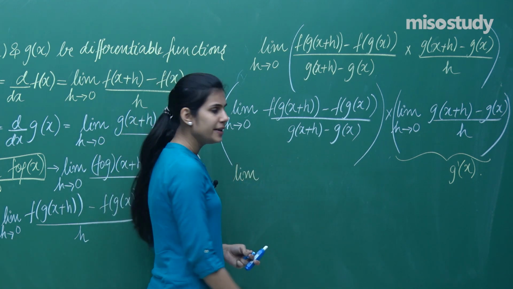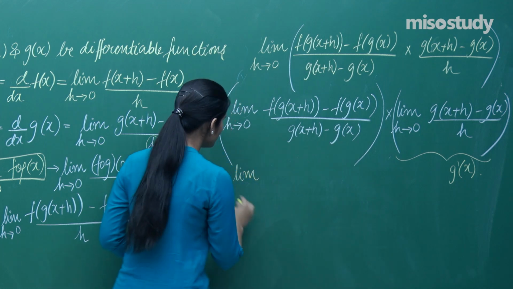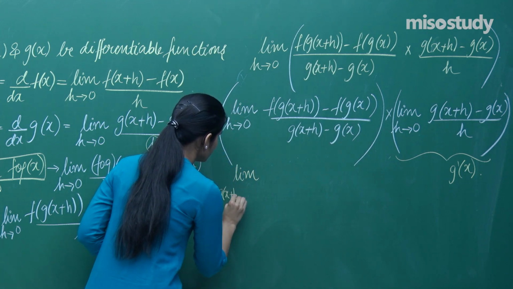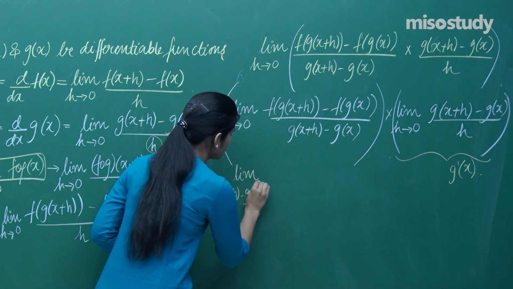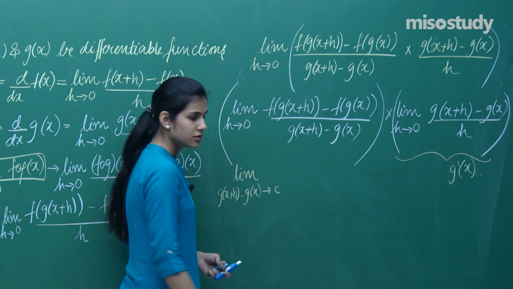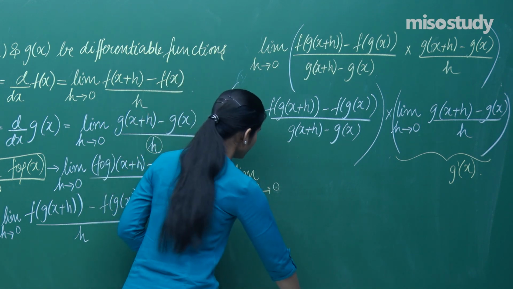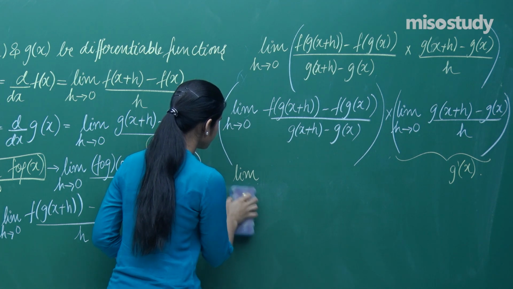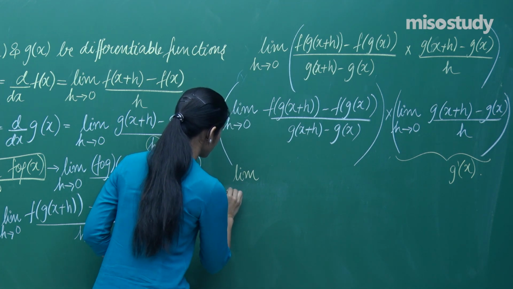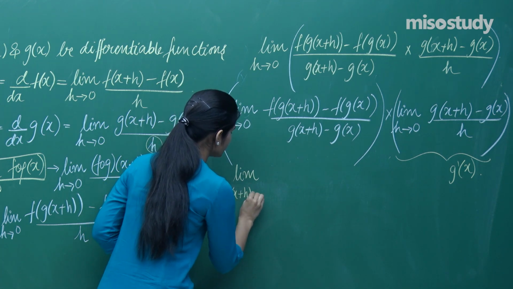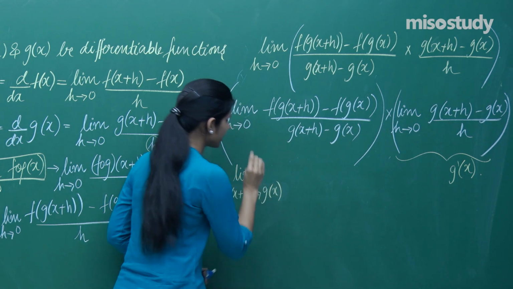This can alternatively be written as g of x plus h minus g of x tends to 0, or like we just discussed, g of x plus h tends to g of x.